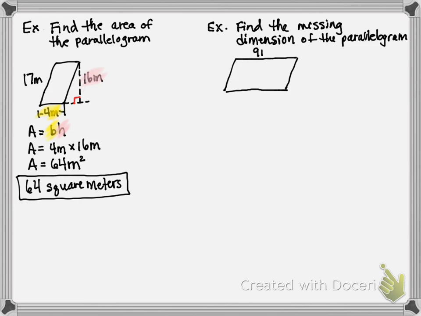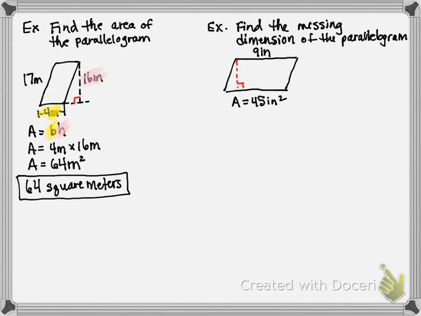So we're going to tell you that this is 9 inches. You're going to see, for whatever reason, a lot of times when they draw a height, they're going to use red. I don't know why. And then A equals 45 square inches.